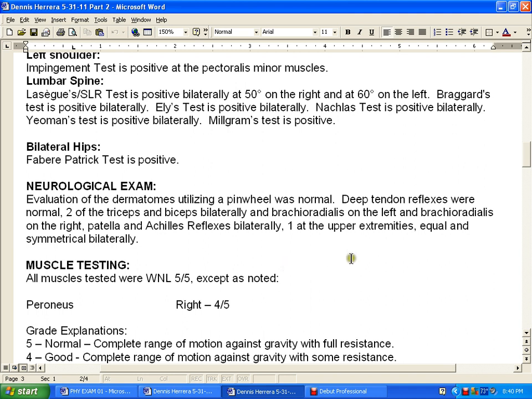One more time. Deep tendon reflexes were normal, at the upper and lower extremities, equal and symmetrical bilaterally, period. Okay, so that's the dermatomes and the reflexes.